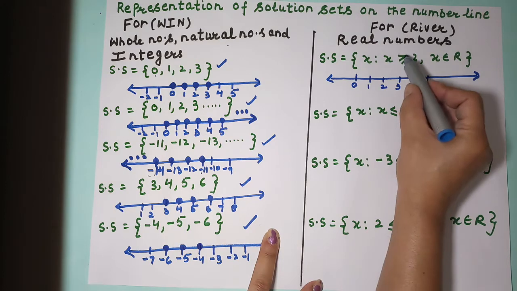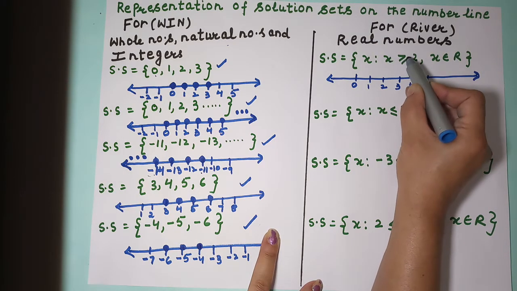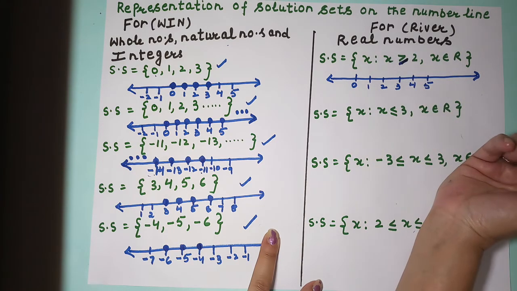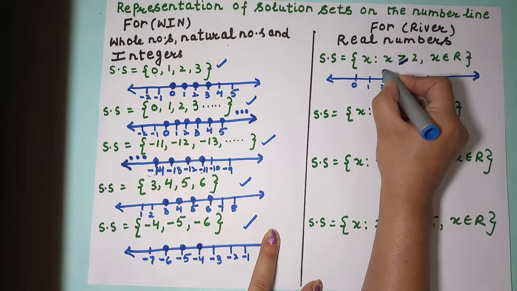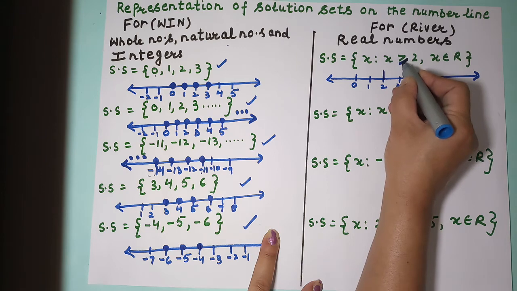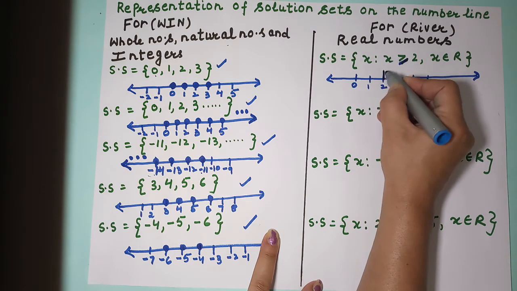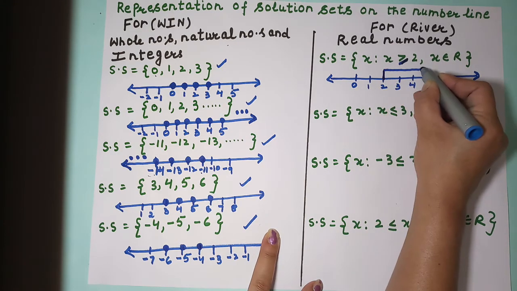Okay. Now, x is greater or equal to 2. So you see greater, along with the greater, we have equality sign also here. So what we will do is we will go to 2. Draw a straight line over here, right? Because greater or equality sign is also there. So equality sign represents this straight line, and then draw a rectangle like this.